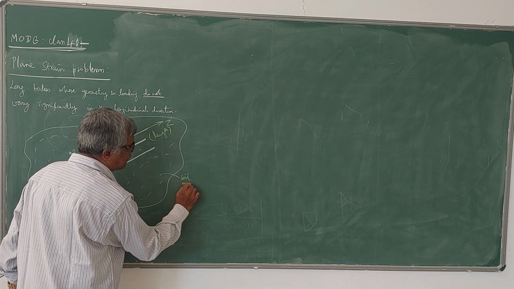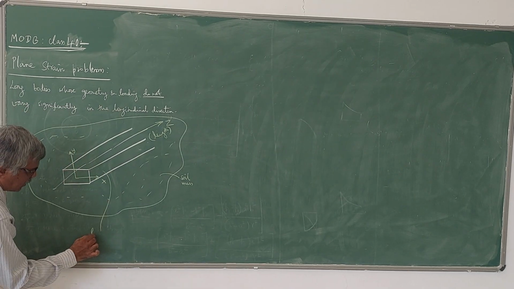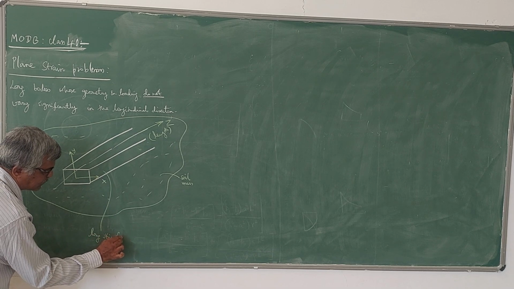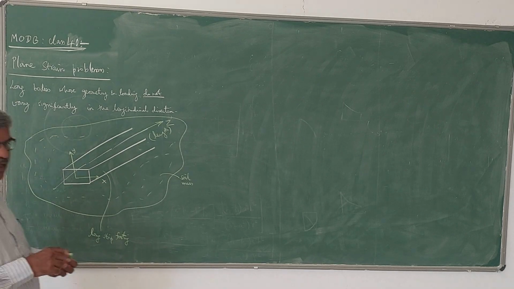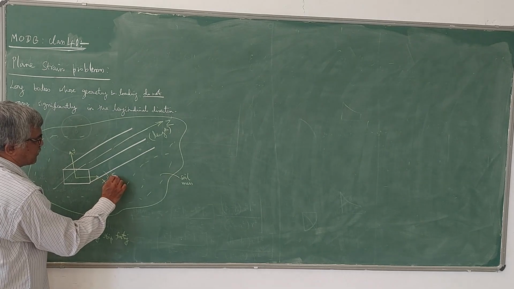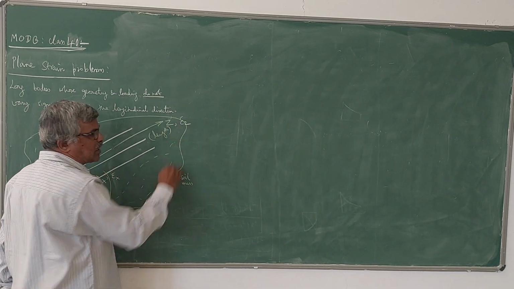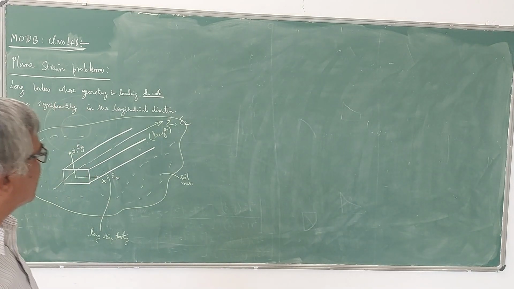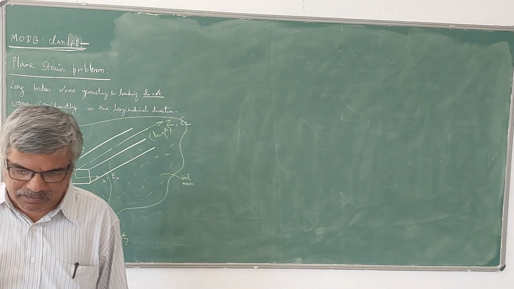So this is a long strip footing, an example of a plane strain problem. The reason here is, if you take the strains in the three directions as epsilon x, epsilon y and epsilon z, epsilon z is almost 0, because you know that strain is nothing but deformation in a particular direction divided by the original dimension in that direction.